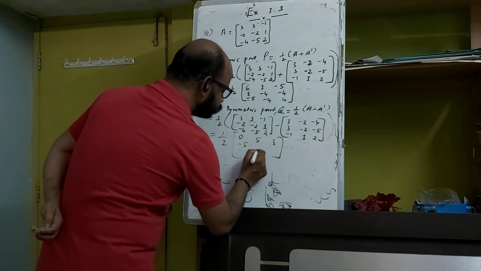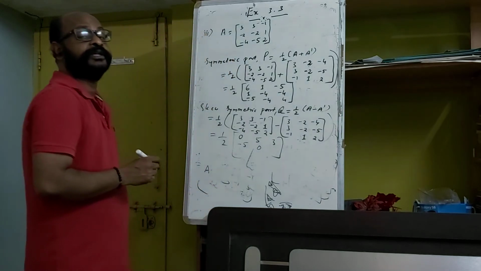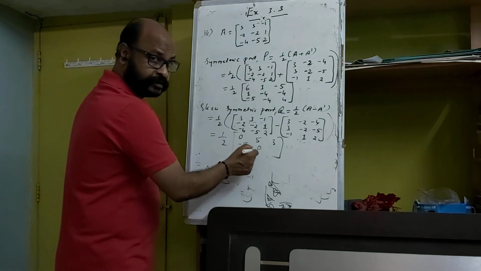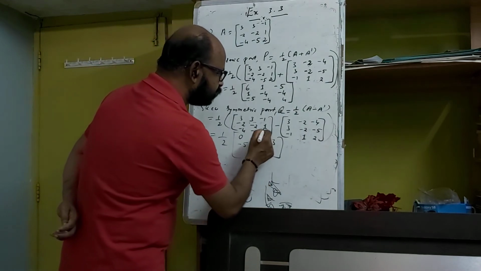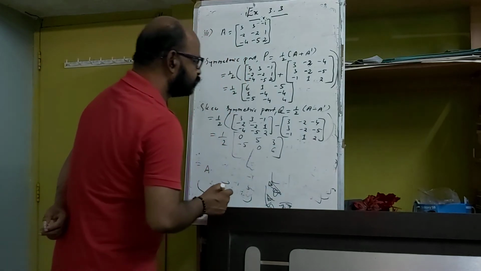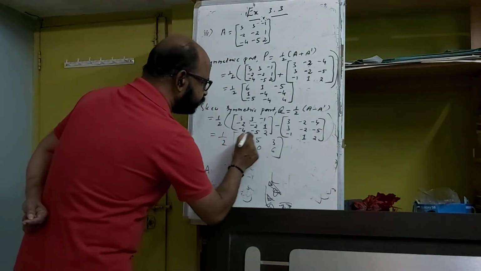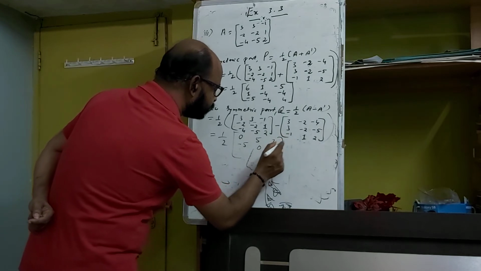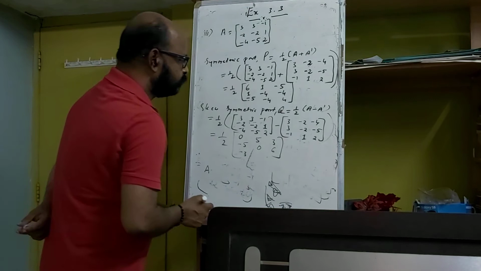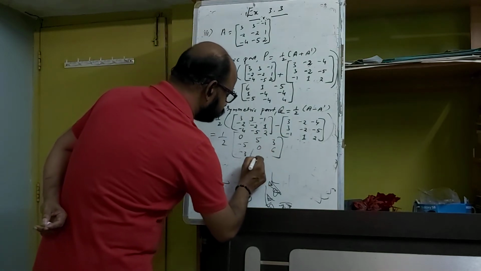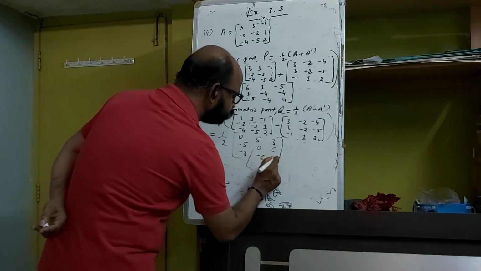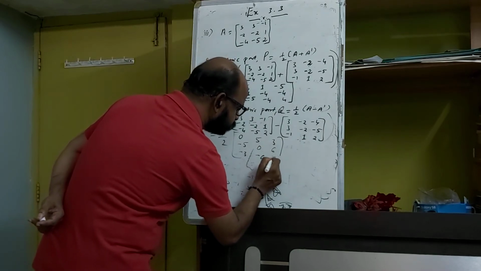Minus 2 plus 2, 0, because we know in a skew symmetric matrix, all the principal diagonal elements are going to be 0. 1 plus 5, that is 6. Then minus 4 plus 1, that is minus 3. Minus 5 minus 1, that is minus 6, and 2 minus 2, 0.